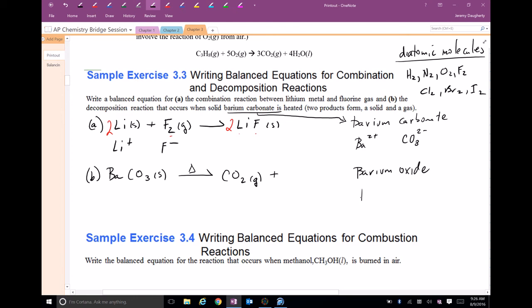What's the charge on an oxide? 2 negative. So what's the formula going to be for barium oxide? BaO. What do you think the state of matter is going to be? Solid, because it's an ionic compound. Is it balanced? Yeah, it's balanced.